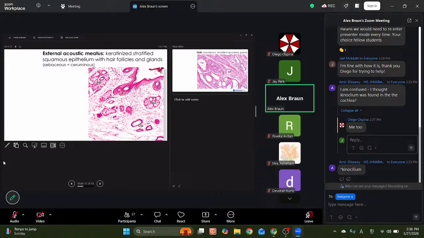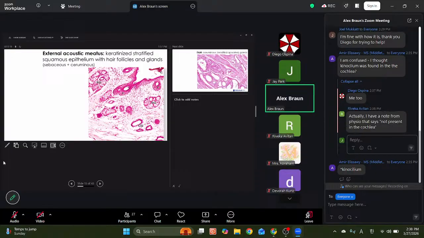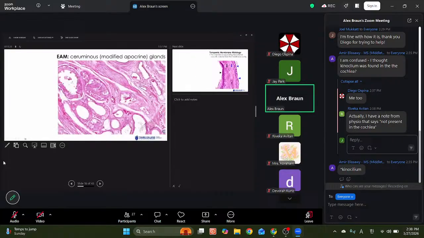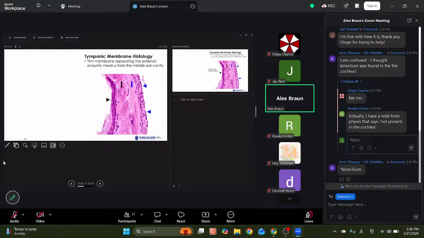They keep the skin also, I guess, in good shape to keep it from becoming dry and cracked and so on. These are ceruminous glands. They're modified apocrine glands. So the apical part of the cytoplasm is sloughed off into the lumen, which contributes to formation of cerumen.